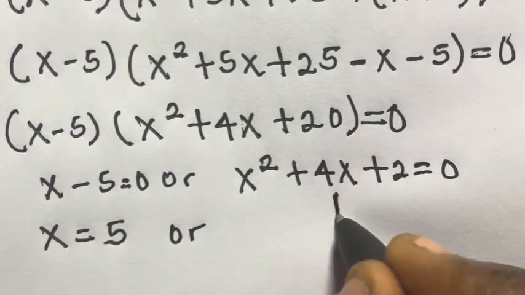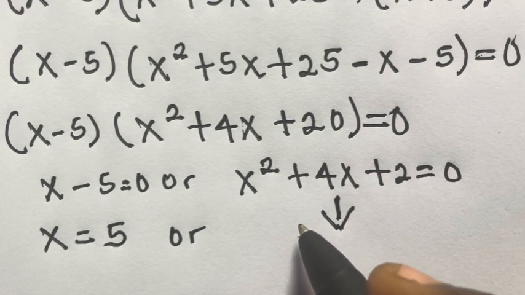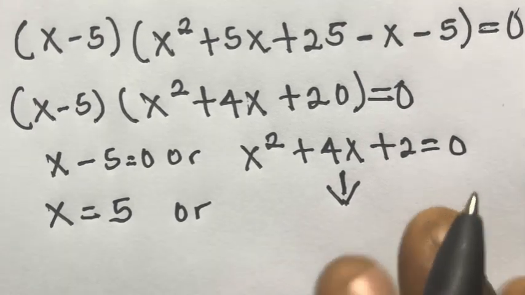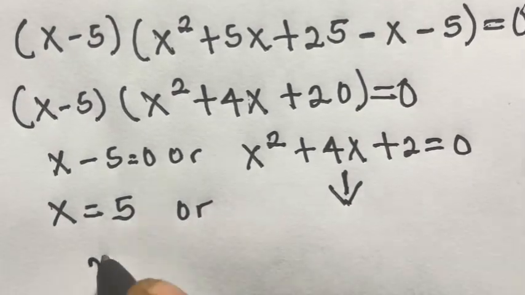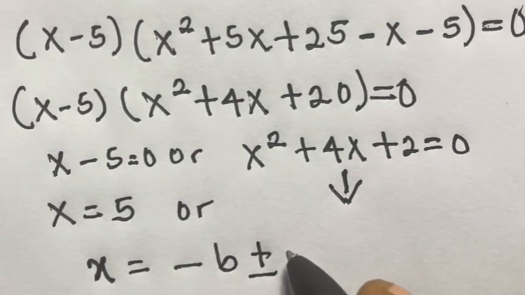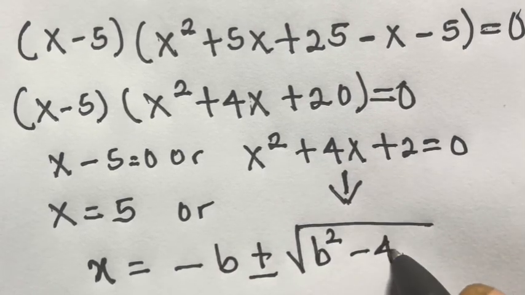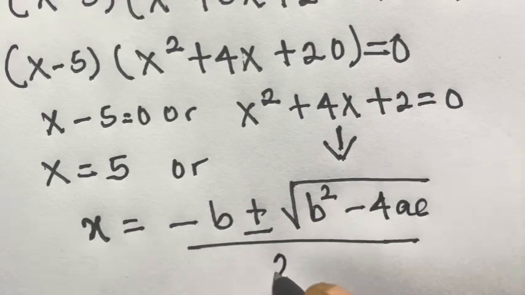Or, this we observe is a quadratic equation, so we solve this quadratically. Let's use the quadratic formula that says x equals minus b plus or minus the square root of b squared minus 4ac, divided by 2a.